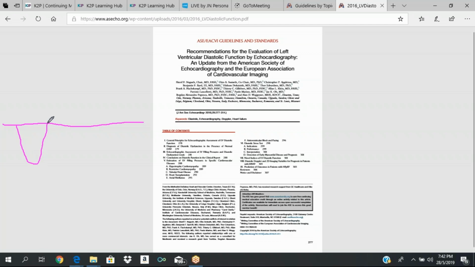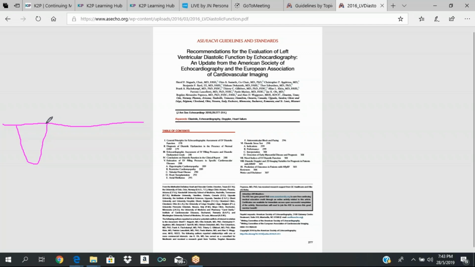When the aortic valve opens, blood accelerates and then decelerates. Blood flows across the left ventricular outflow tract and then across the aortic valve into the aorta. This point here represents the opening of the aortic valve, and this represents the closure of the aortic valve.